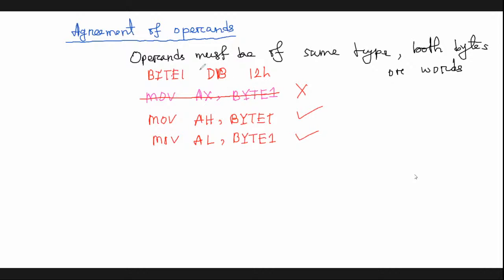But even after assigning, it is still incorrect, because AX is a 16-bit register and byte 1 is 8-bit. Byte is an 8-bit variable or memory location. So MOV AL, byte 1 and MOV AL, byte 2 are correct. Good.